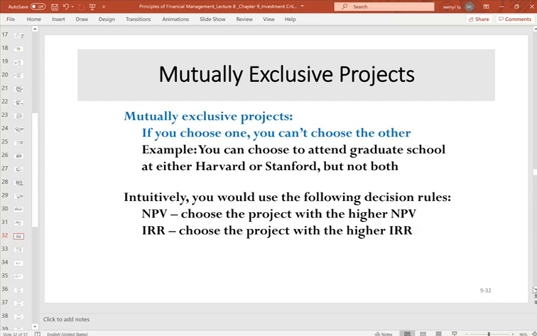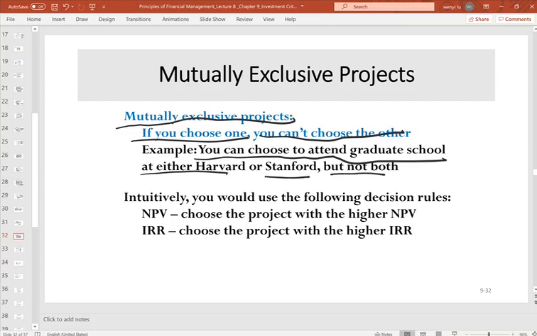Here is a review of mutually exclusive projects. If you choose one, you cannot choose the others. For example, you can choose to attend graduate school either at Harvard or Stanford, but not both at the same time, because they are in different states.